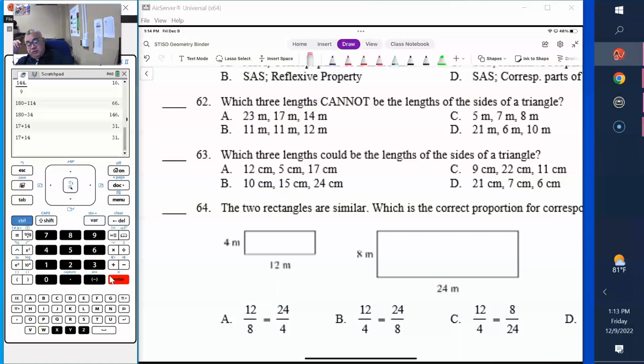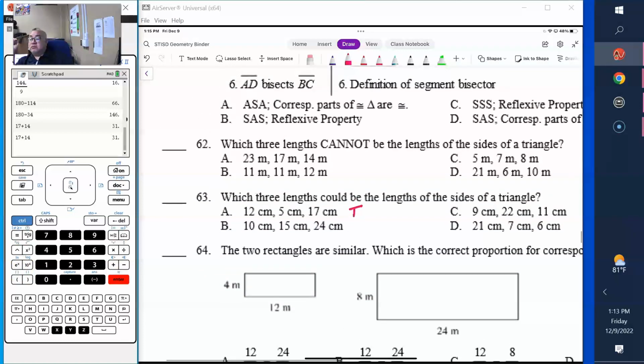Yeah, so that can be a triangle, so that's true. 10 plus 15 is 25. I mixed it up here. Okay, 62.